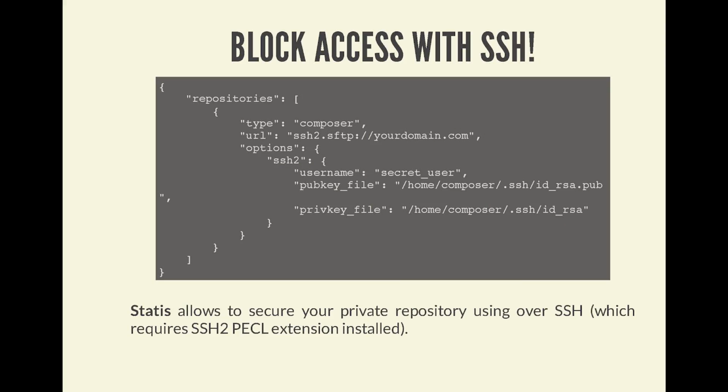But as you may know, if you put it on an overall available domain, it can be accessed by anyone. Yet Composer allows us to block access to this with stuff like SSH. It requires an additional PECL extension, PHP extension, called ssh2, and such options are automatically added to every call for this domain.